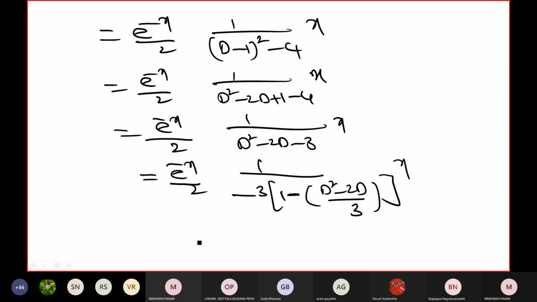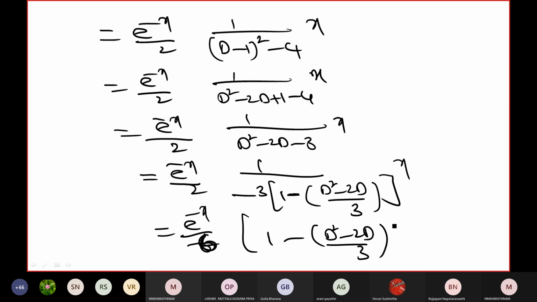I will write minus 6 here: 1 minus (d square minus 2d by 3) whole inverse into x.